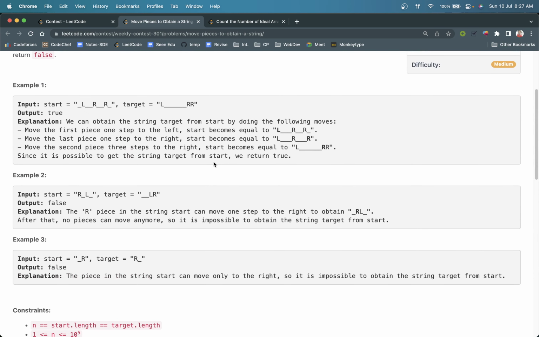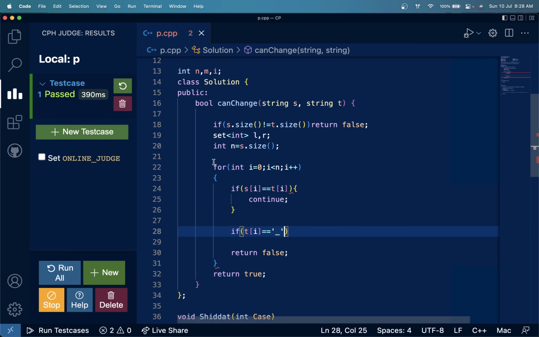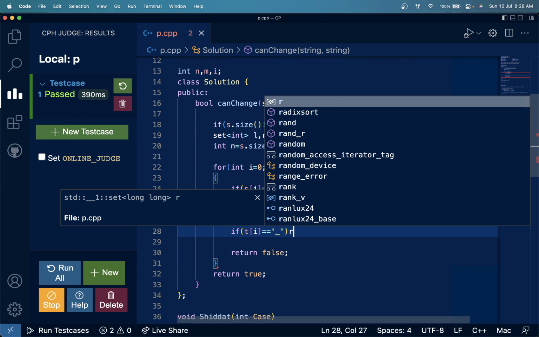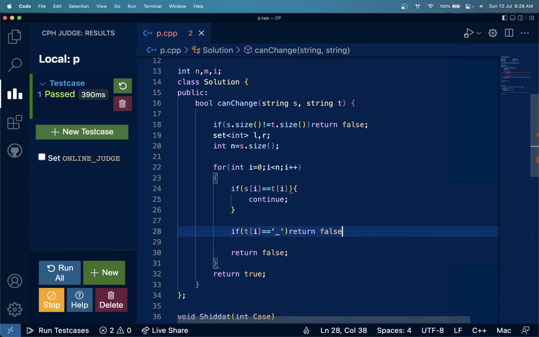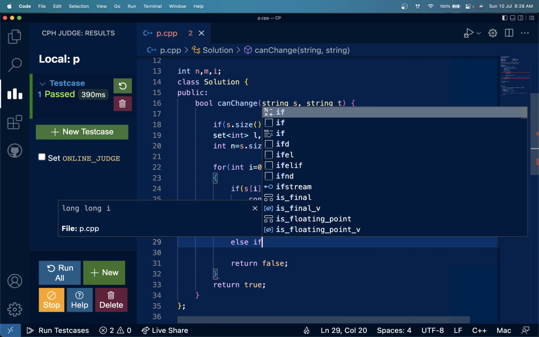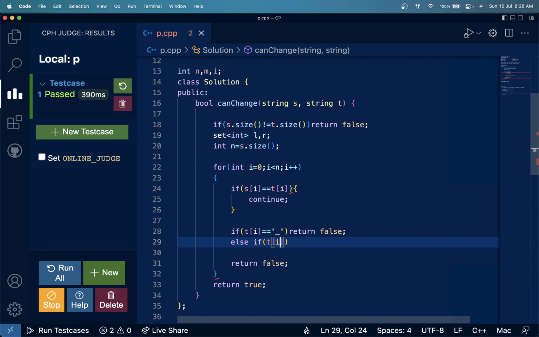If the target is dash, it is not possible. If the target is right, it is not possible.